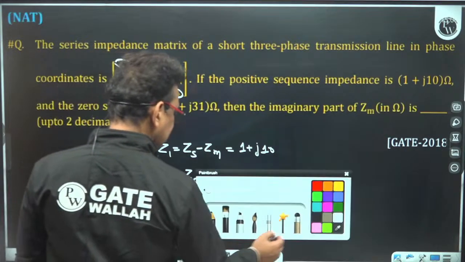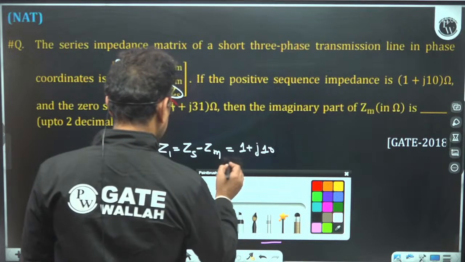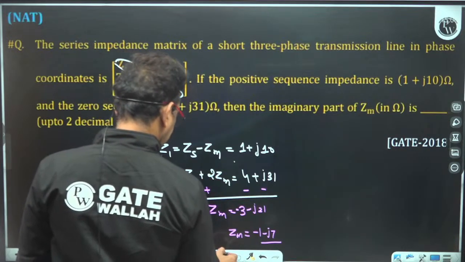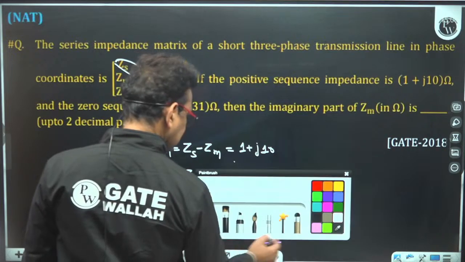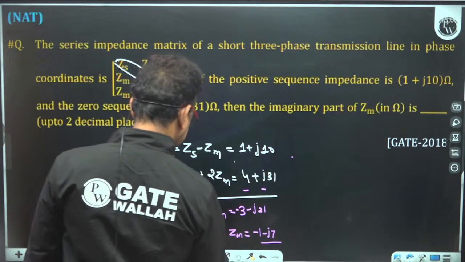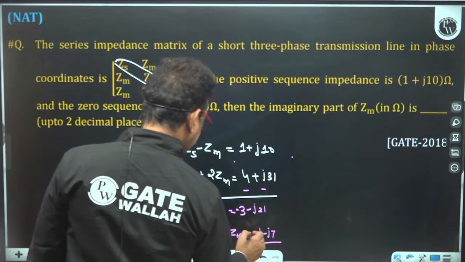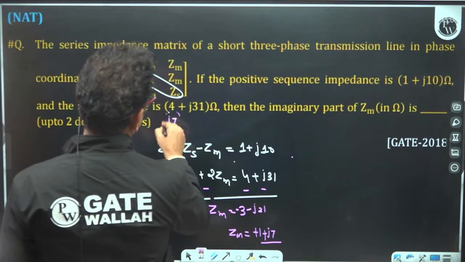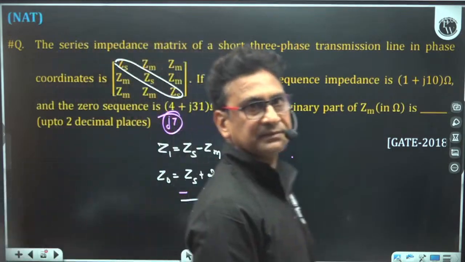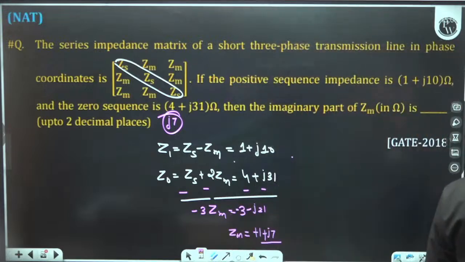Sorry, it is Zs plus 2 Zm, no? So minus 3 Zm. So Zm is 1 plus J7. So J7 is the imaginary part. Clear?